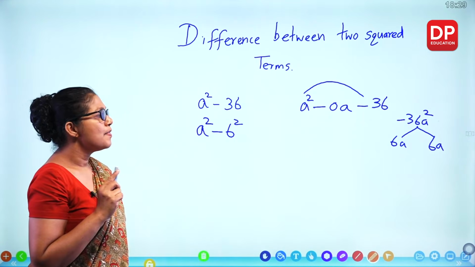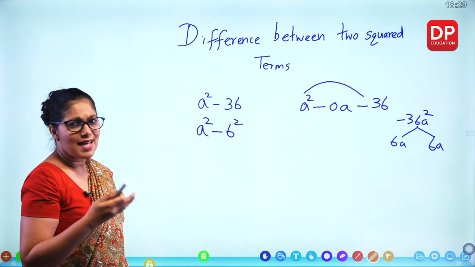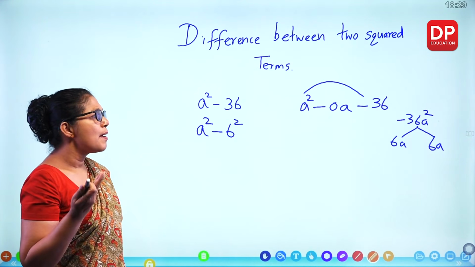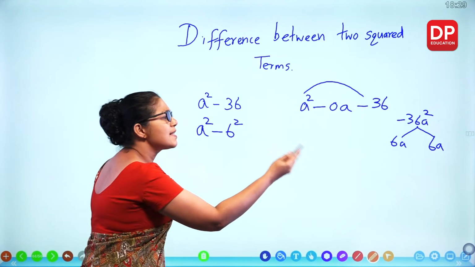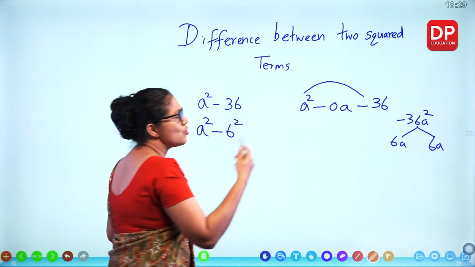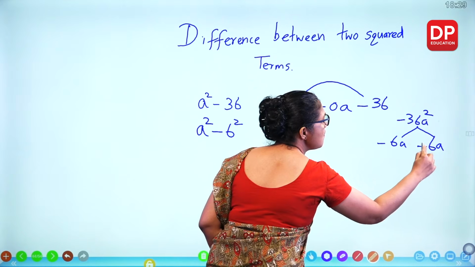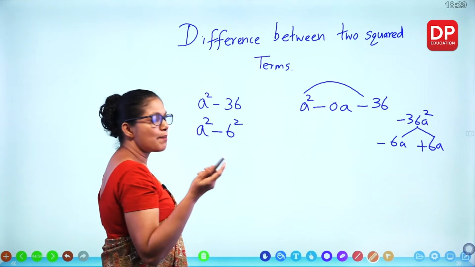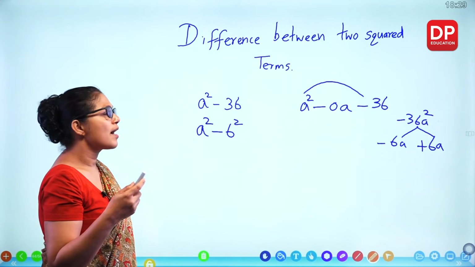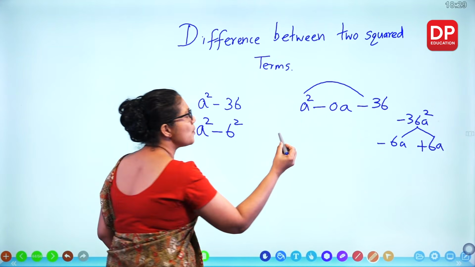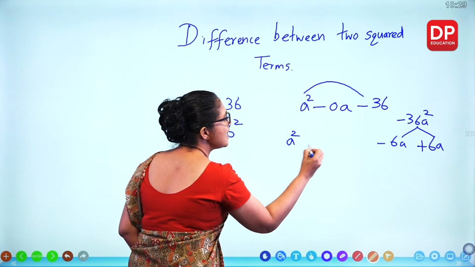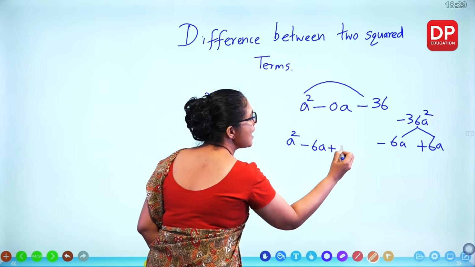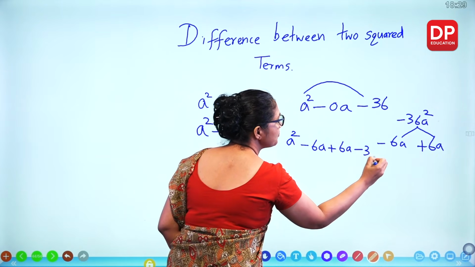That means the bigger number should be minus and the smaller number should be positive. But here the same factors are there, so you can take one negative and one positive. When you take minus 6a and plus 6a, we know that you are getting 0. So we can split it into minus 6a and plus 6a.